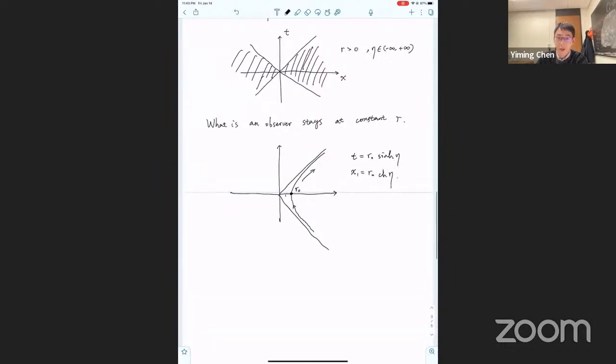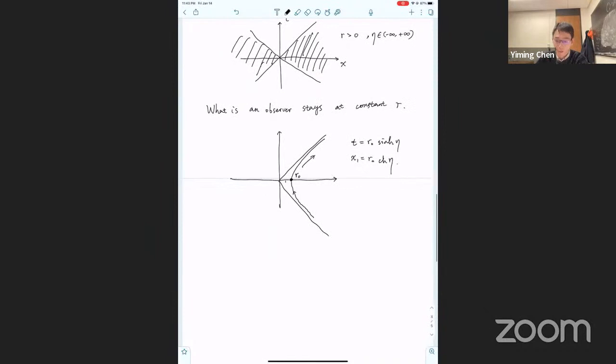And you can easily check that this world line corresponds to an observer that has constant proper acceleration given by 1 over R naught. This is intuitive because if R naught is greater, then the acceleration of this observer is slower, as you can directly see from the picture.